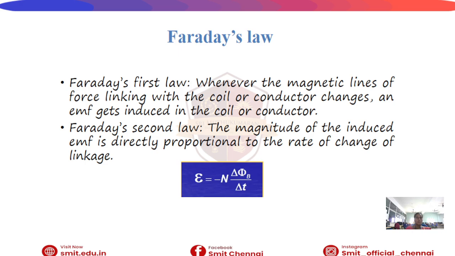Faraday's second law: the magnitude of induced EMF is directly proportional to the rate of change of flux linkage. That means EMF is denoted as E equal to minus N into dφ divided by dt. N is the number of turns, dφ is the change of flux, and dt means the change in time.